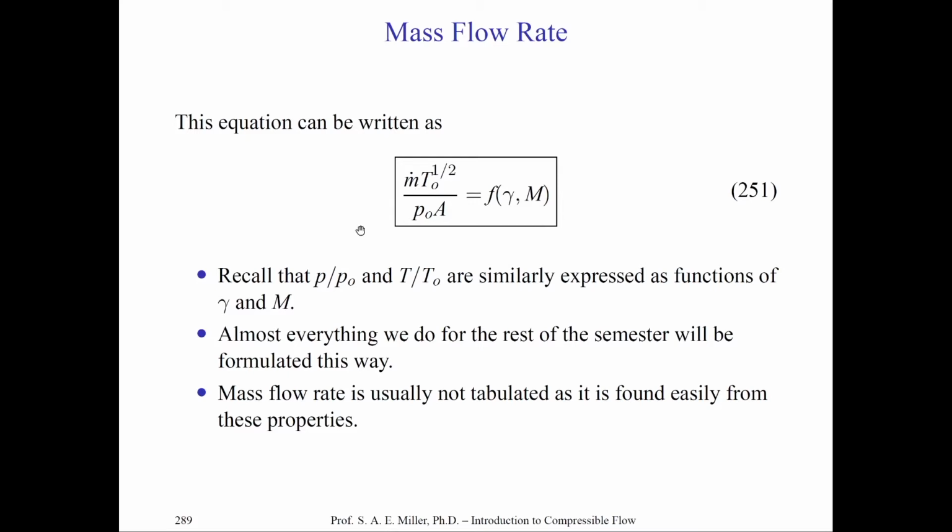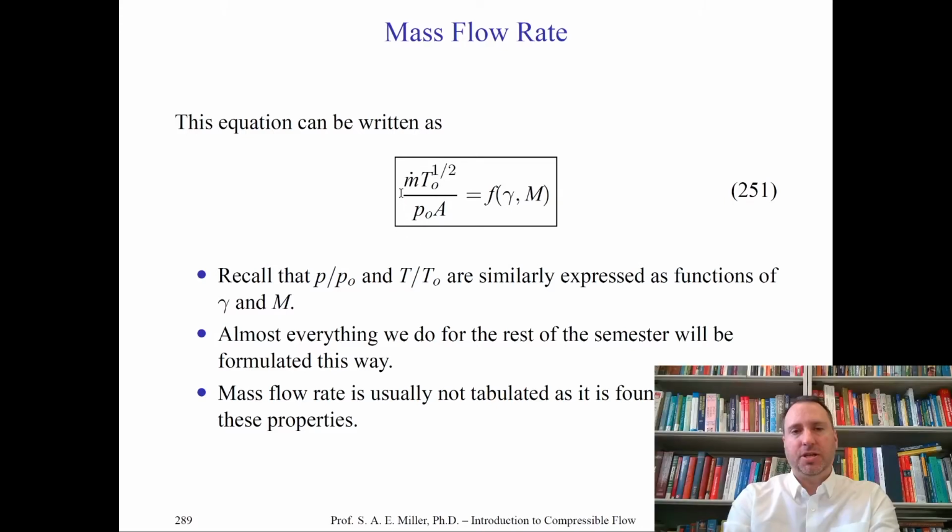Another thing that's interesting about this particular equation 251 for the variable area stream tube with which we derived it is that m dot will be constant in the tube, according to our current assumptions at least. T naught is constant everywhere in the tube as it's isentropic. P naught is constant everywhere in the tube because of course it's isentropic. So the total conditions are not changing. M dot's not changing.